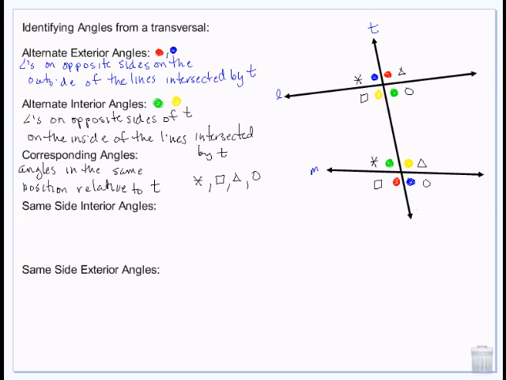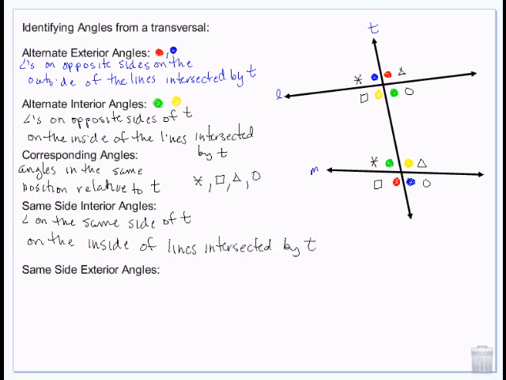Okay, same side interior. These are angles on the same side. Okay, so one yellow and one green together make up a same side interior pair. So yellow and green, these are same side interior.